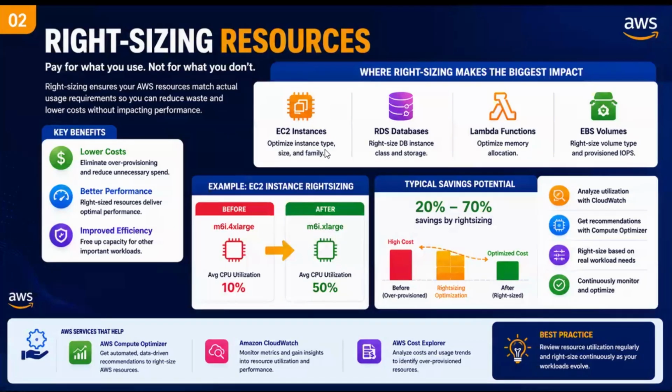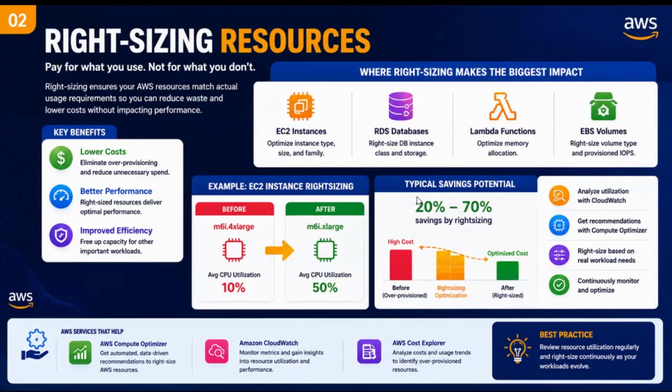So get the right instance size, and you'll get 40 to 50 or 60% saving from this right choice of instance size. These are the basic, most important things in right sizing resources. Typically the saving pattern we are talking about is 20 to 70% with changes in instance and the right choice of resource type.